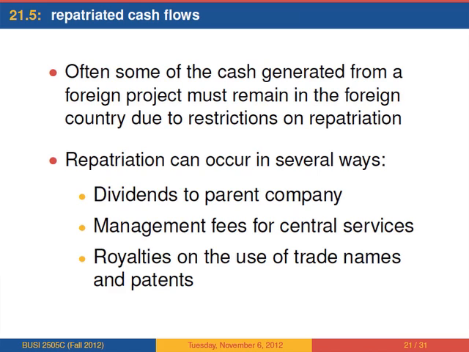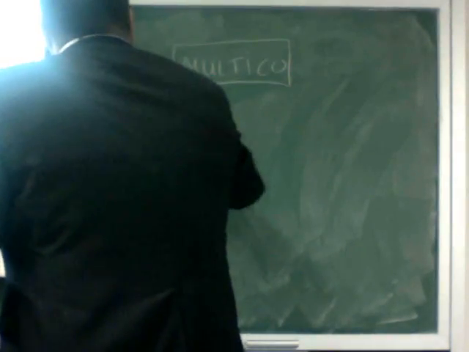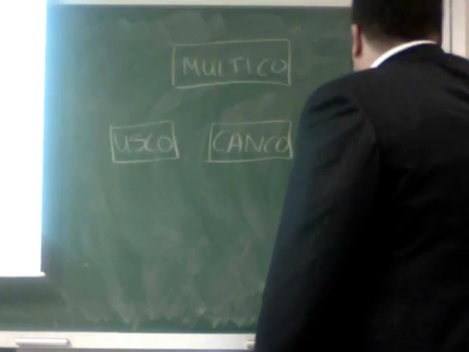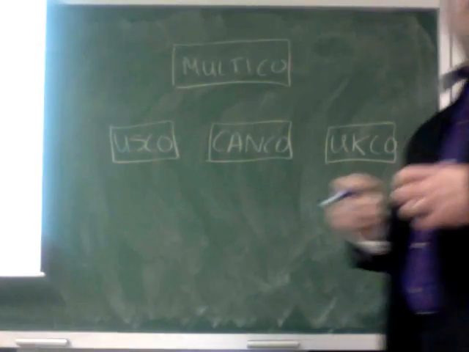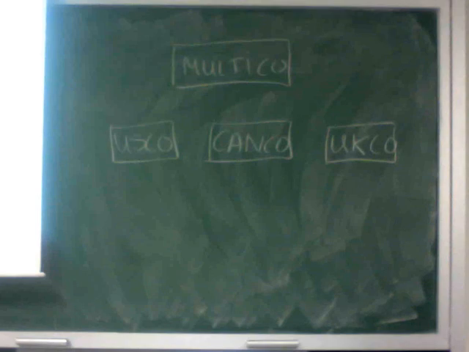Well, it could be set up like this. You have a multinational, and then you have a company incorporated in the US called US Co, a company incorporated in Canada, say call it CanCo, and say a company in the UK, UK Co. So you don't think of it as a single company, say like Hewlett Packard.